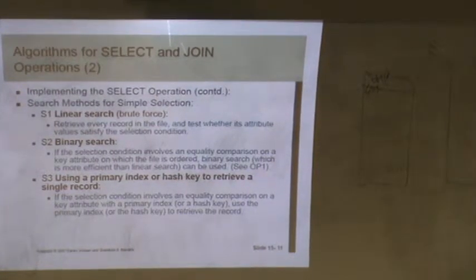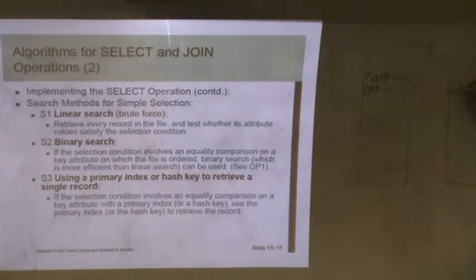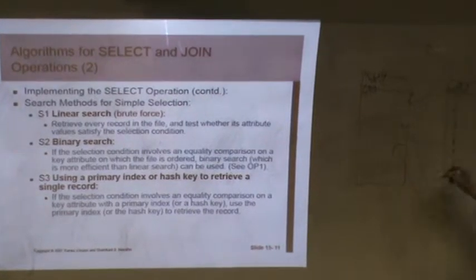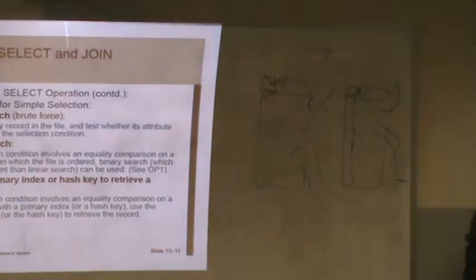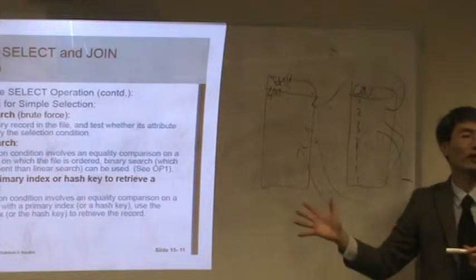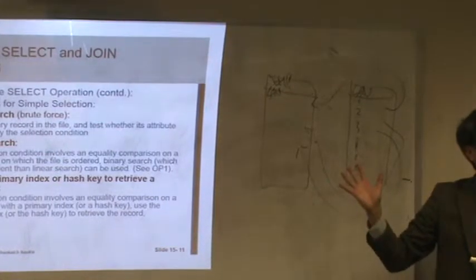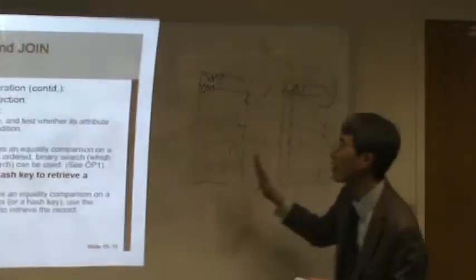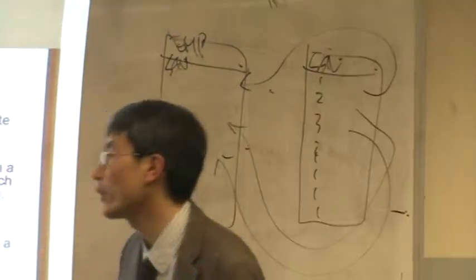So we have the social security number sorted, then point to the data. This is the primary index. Also, you can use the hash key. Later, I will explain details about the hash key during the indexing structure. This is using the primary index.